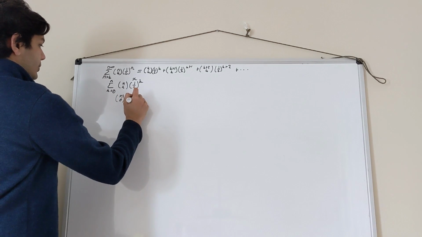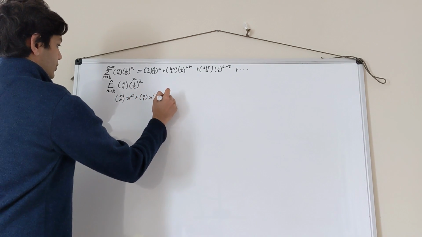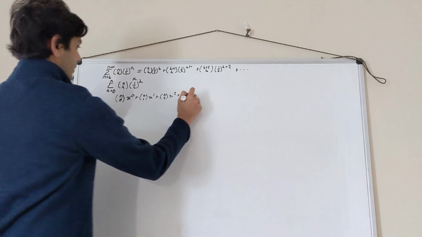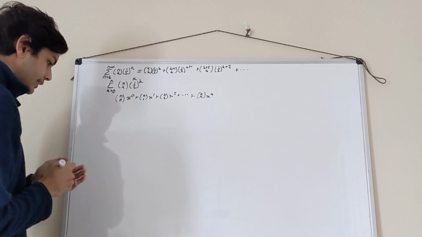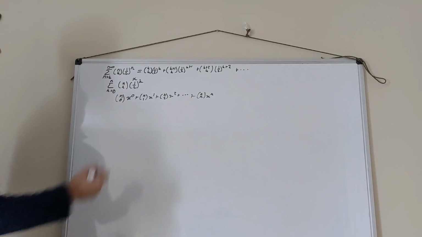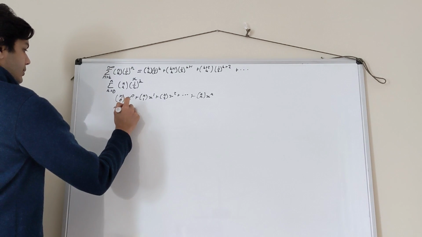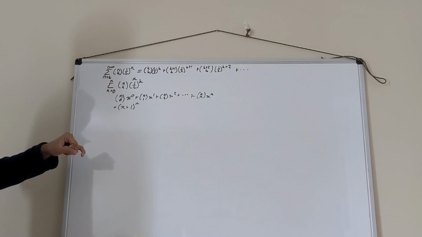So we have x to the 0, plus n choose 1 times x to the 1, plus n choose 2 times x squared, and so on, up to n choose n times x to the n. And this series is the exact same thing as x plus 1 to the power of n.